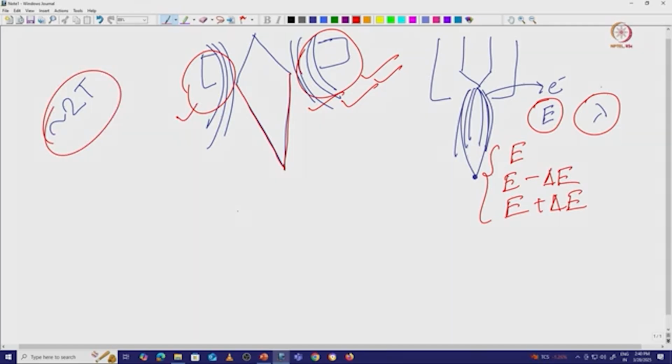Now some electrons have an energy E, and some electrons have less energy, but the magnetic field is the same. Then what will happen? They will converge somewhere up, and then they will follow this path.